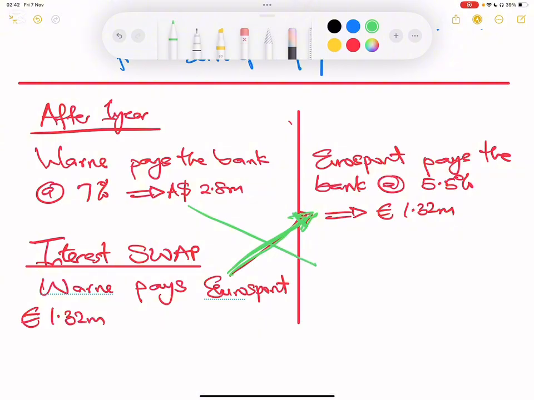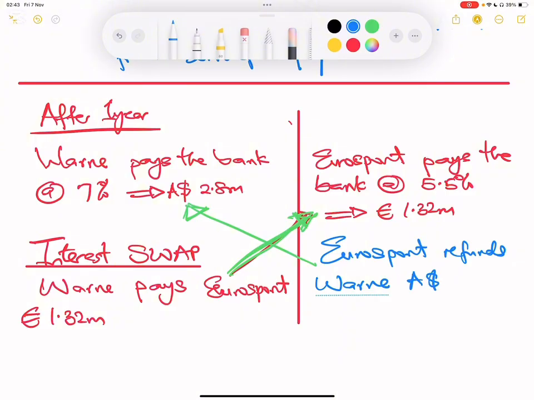Likewise, Eurosport will have to refund one as well because the same swap will happen here, and what's going to happen is that Eurosport refunds one that amount that he paid on his behalf, and that is 2.8 million Australian dollars.